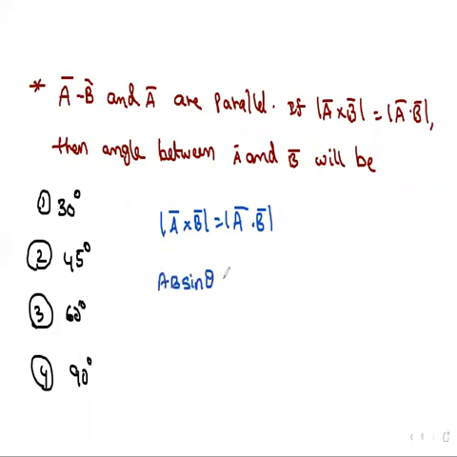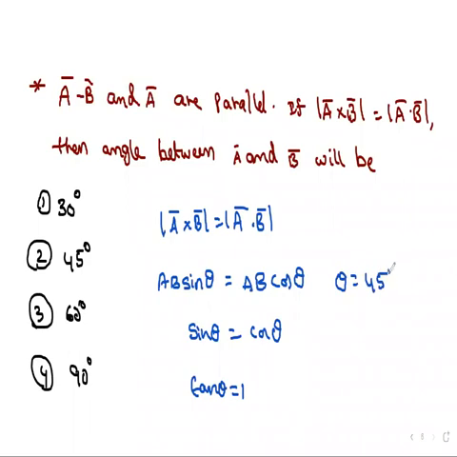It is ab sin theta. The modulus of a bar dot b bar is ab cos theta. ab and ab will get cancelled. So sin theta equals cos theta. Dividing by cos theta, tan theta equals 1. Then theta will be how much? 45 degrees. So theta will be equal to 45 degrees. That is the answer.